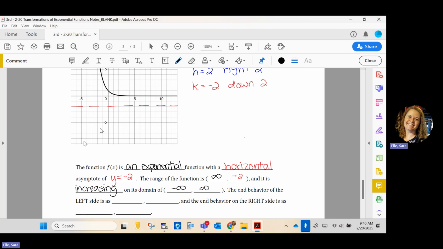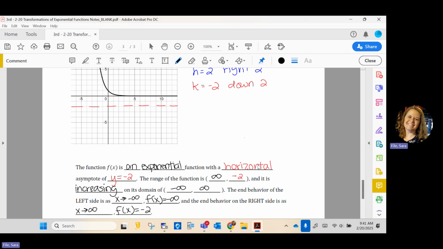I know that the left side is going down to -infinity, and the right side is coming up to -2. So I can say, as x approaches -infinity, that means left, the function is going to -infinity. As x approaches positive infinity, that means right, the function is going to -2. So I've answered all of this without actually seeing the graph.